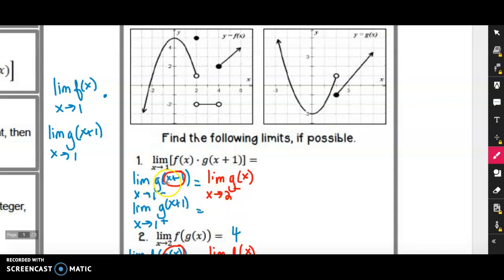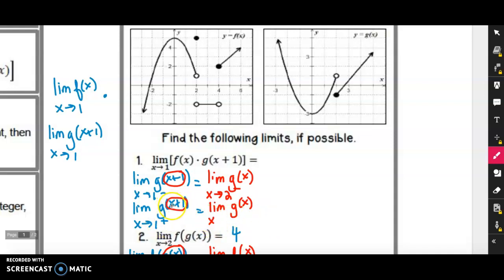Right? If I plug in 0.999 plus 1, that would give me 1.999, which would be close to 2, but less than 2.